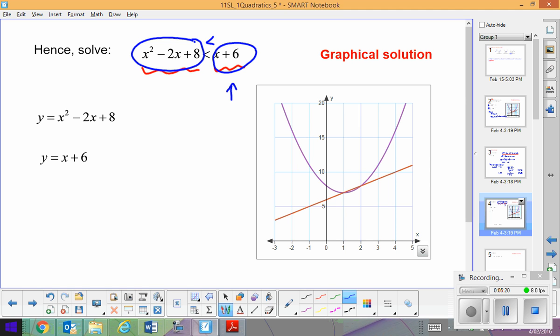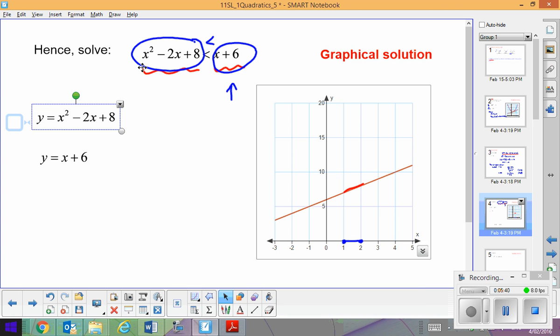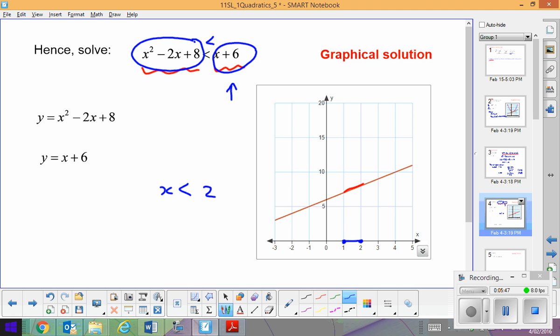We can see that in this region here, the linear equation is above the quadratic, so our solution would be in this region. And what's that region? It's the region between those 2 points of intersection. So our solution here would be x is between 1 and 2, if we're doing it graphically. So you could just graph it up to see that.